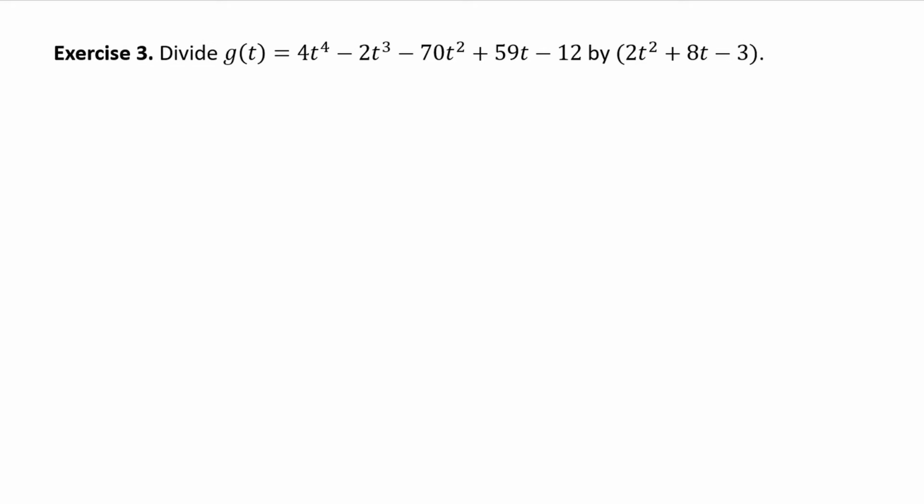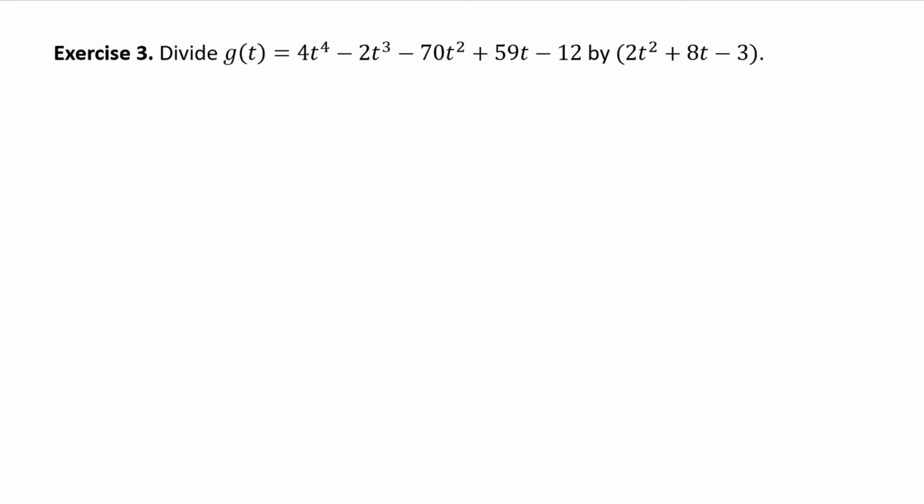Divide g of t equals 4t to the 4th minus 2t cubed minus 70 times t squared plus 59 times t minus 12 by the divisor 2t squared plus 8t minus 3. Let's set this up.